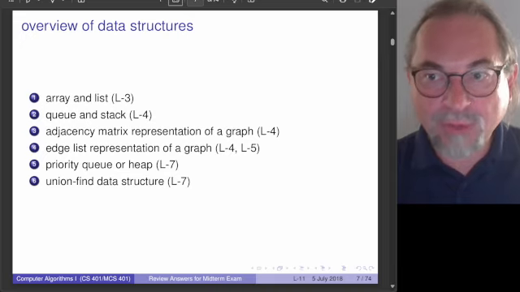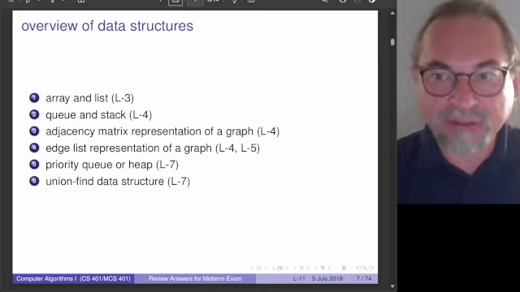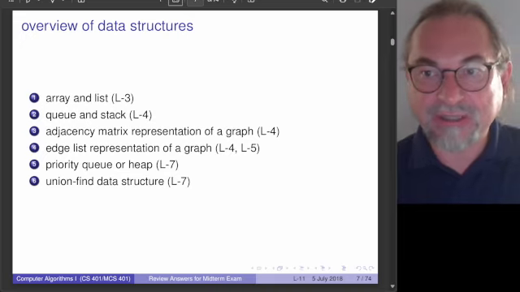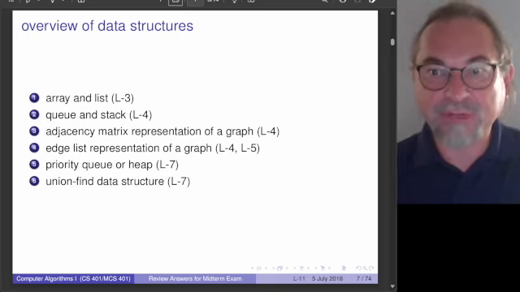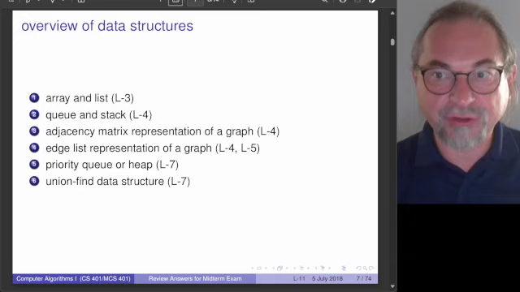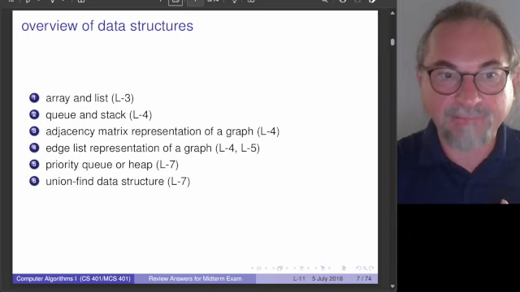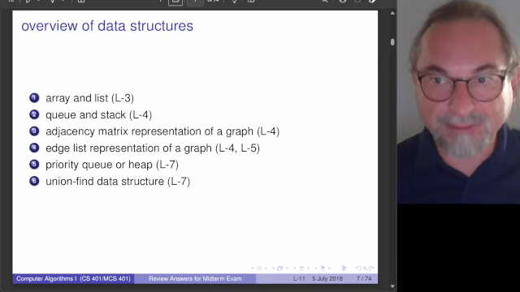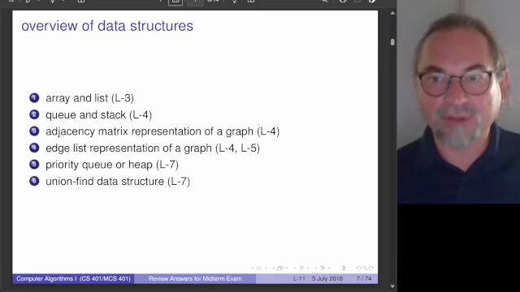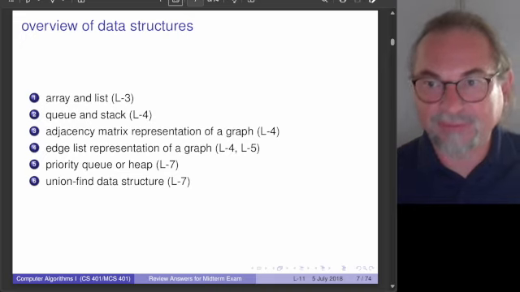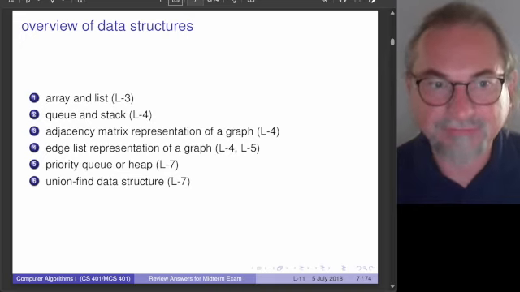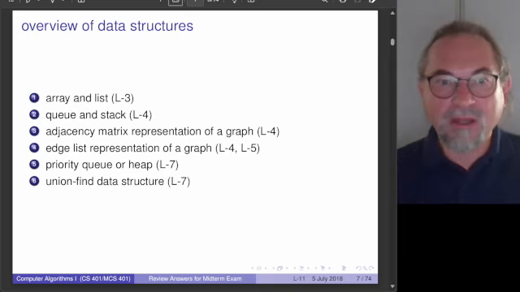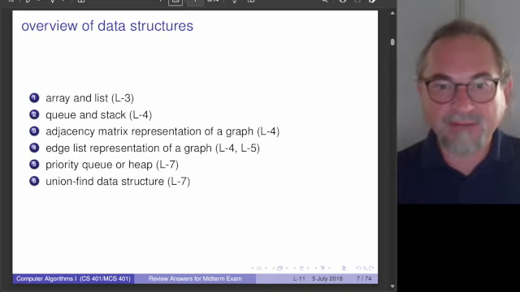Why and when are we going to use an adjacency matrix or an adjacency list representation of a graph is very important. Why certain data structures have the properties that they do have. So the union find data structure is in particular covered on this review because it wasn't in the course when I taught data structures.